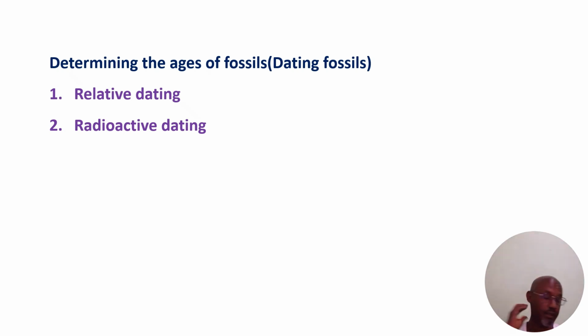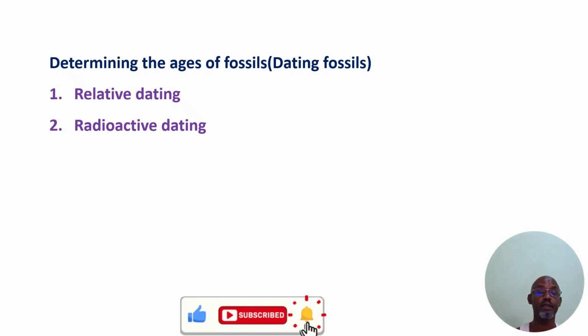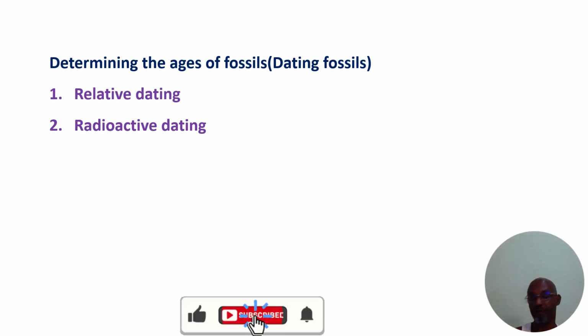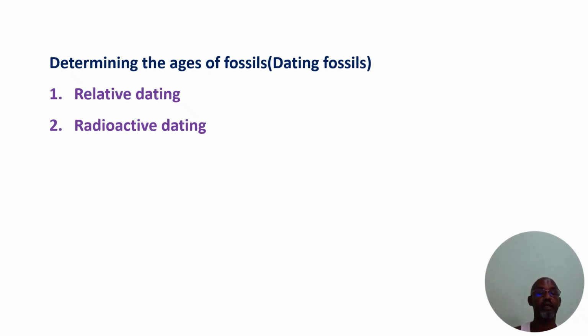One is relative dating, and the other, the more reliable method, is radioactive dating, which uses radioactive isotopes that may be found in living systems and undergo decay in a fixed time period, known as half-life. I will come to that point anyway. Therefore, the two major types of dating fossils are relative dating and radioactive dating methods.